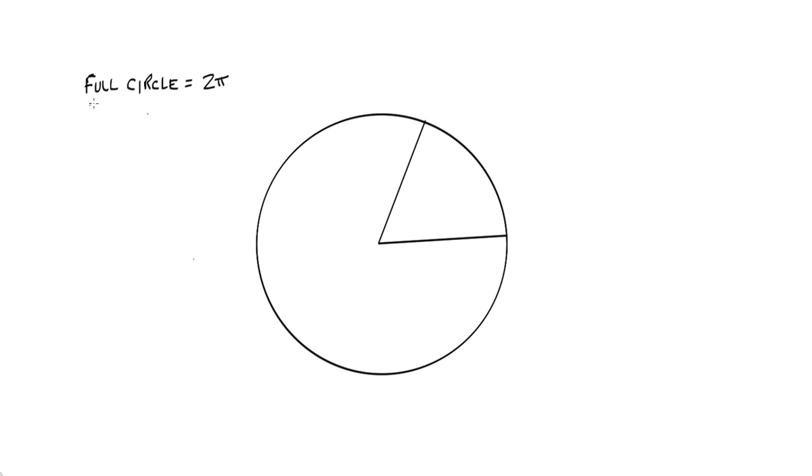But we also know that a full circle is 360 degrees. Okay? So 2 pi radians equals 360 degrees. Or you could say that pi radians is how much if you divide both sides by 2? 180 degrees.